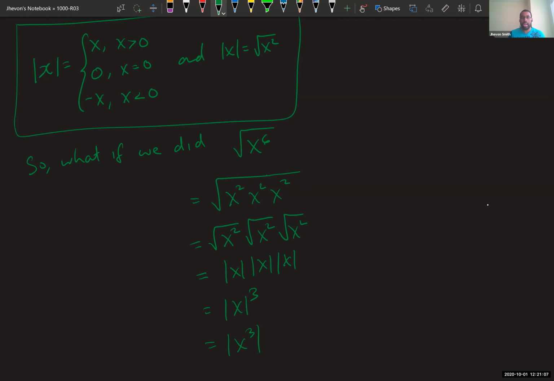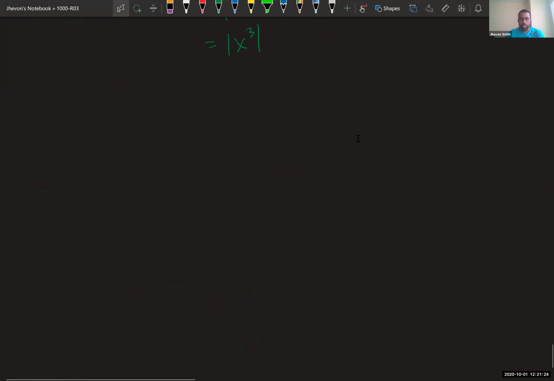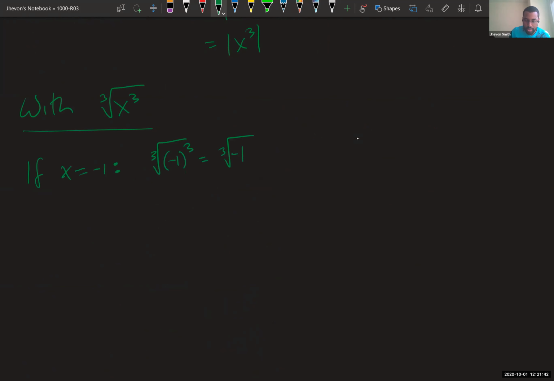So that's where the absolute value is coming from. So once your power and your radical is even, you have to throw in an absolute value, because what happens is if your x is negative, the even power is going to make it positive. And so it gives you a magnitude. It gives you a positive magnitude no matter what, right? Whereas with the other one, with say the cube root of x cubed, if our x equals -1, if I take the cube root of -1 cubed, that is just the cube root of -1, which is -1.